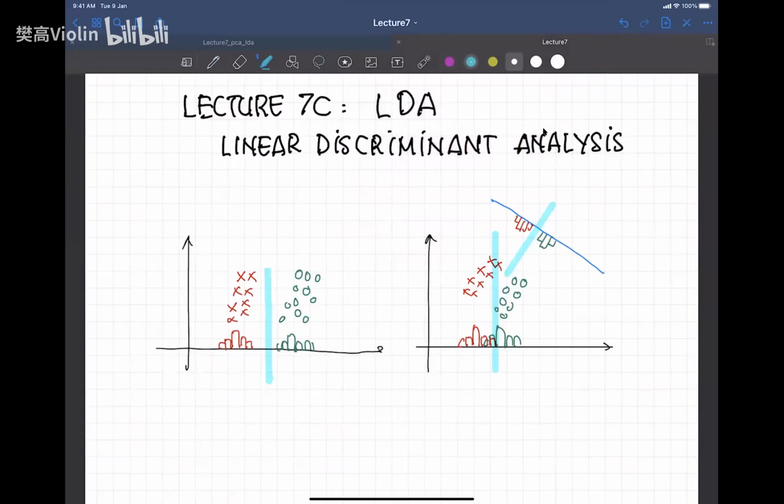That's really the basic idea, the intuition behind LDA. We want to find this line.